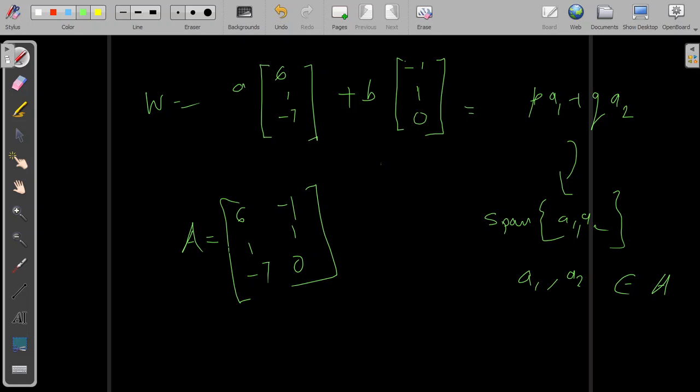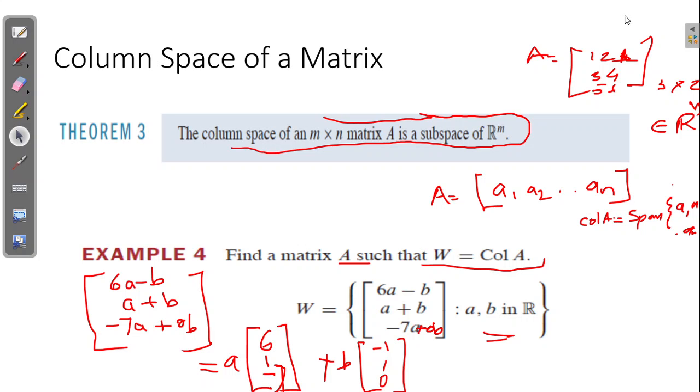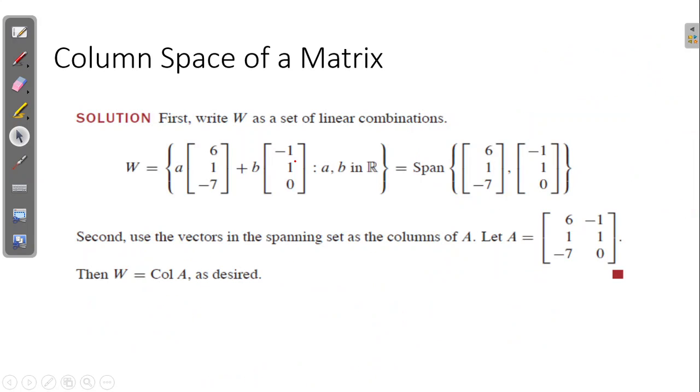This is our matrix A. This is our answer, right? Okay, that is our solution.